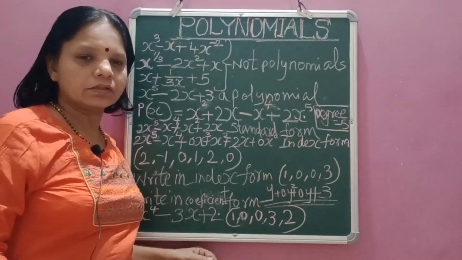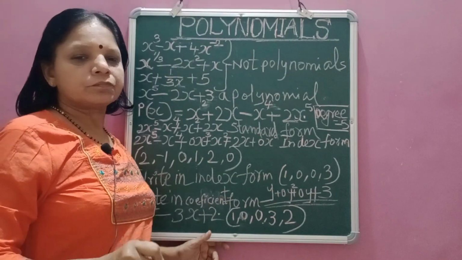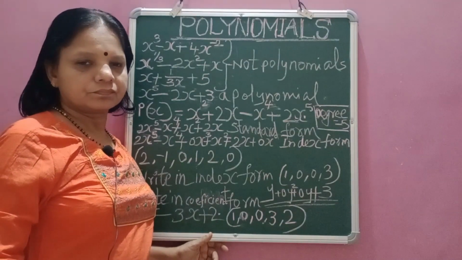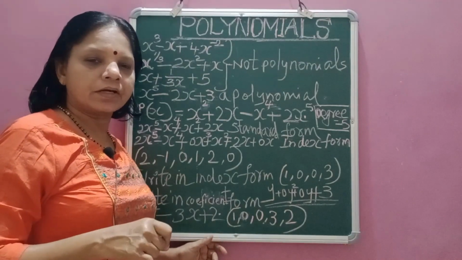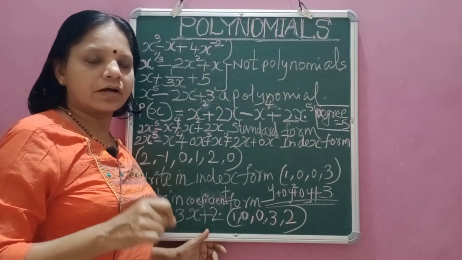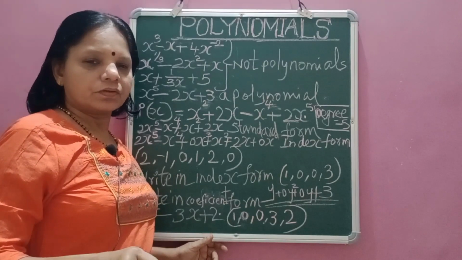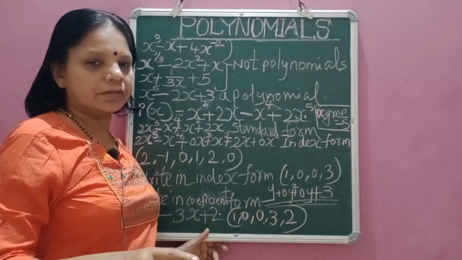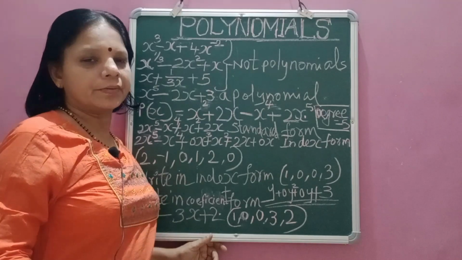What is the condition? The index of the variable in the expression should be a whole number. So remember, all the polynomials are algebraic expressions. All that you studied, binomial, trinomial, all are included in polynomial when the index is a whole number.